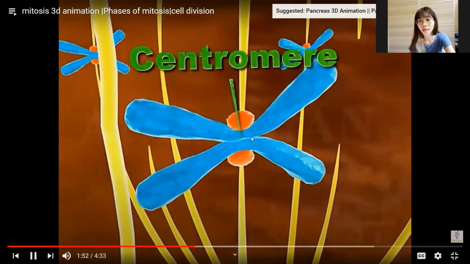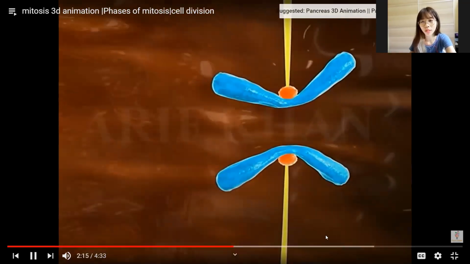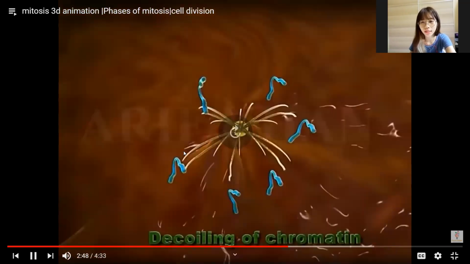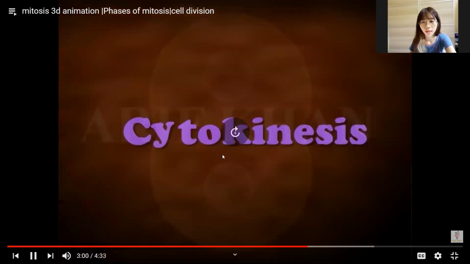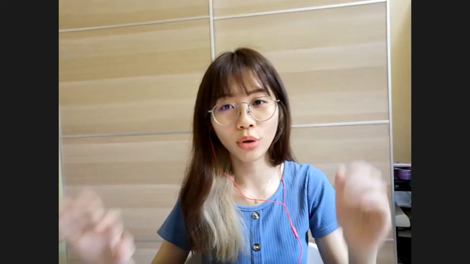This blue color thing we call a chromosome. So they will pull them to the opposite pole in order for them to form into two cells. Okay, later on you can see there are two cells. You can see there are two cell formation here. So this is an important process for the animal cell. Okay, so this is how centrioles work. So it's very, very important for them to have this process.